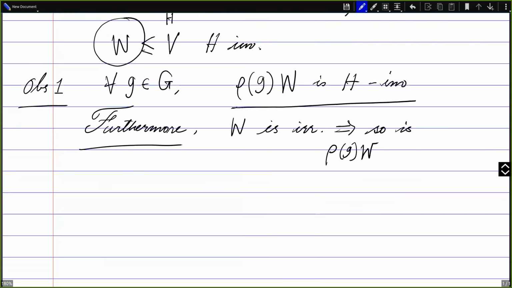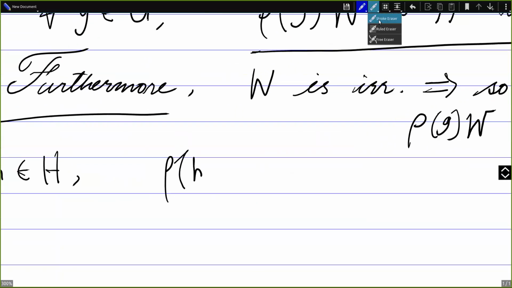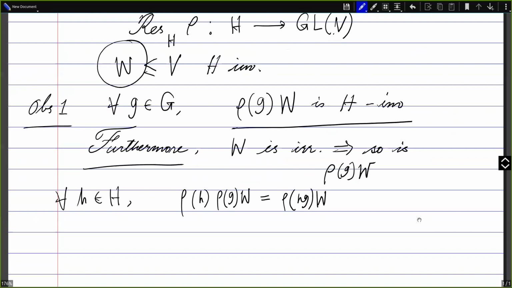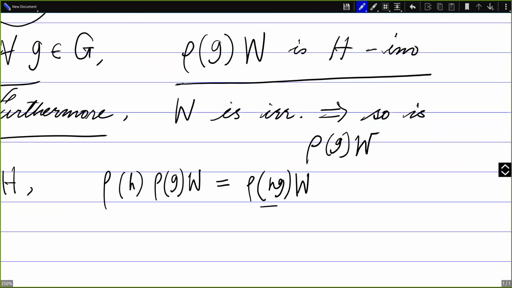To see that this is H invariant, for every h in H, rho(h) applied to rho(g)W is rho(hg)W. Now we know that H is normal, that is, every left coset is the same as the right coset.